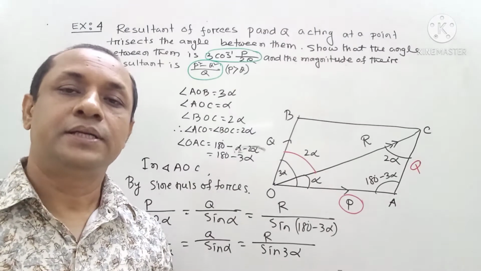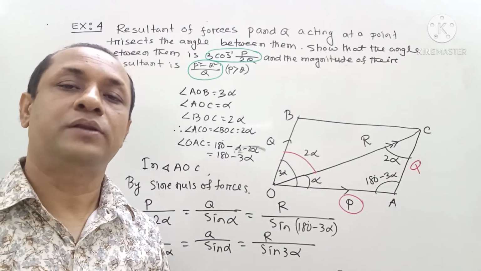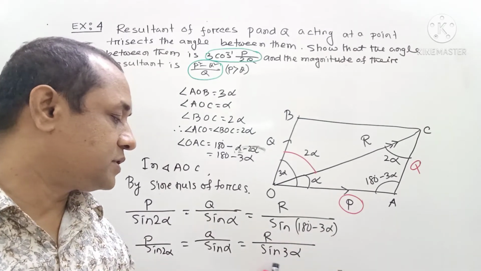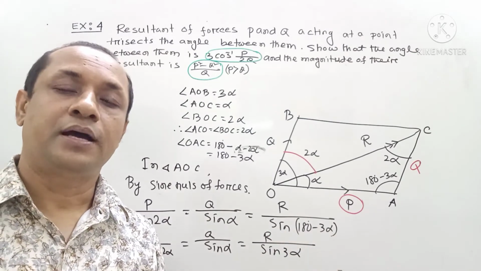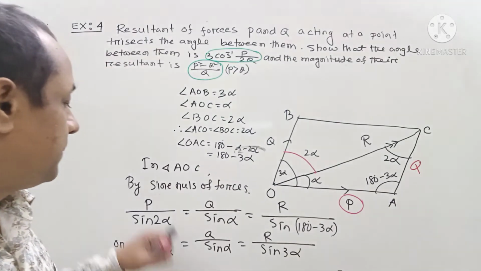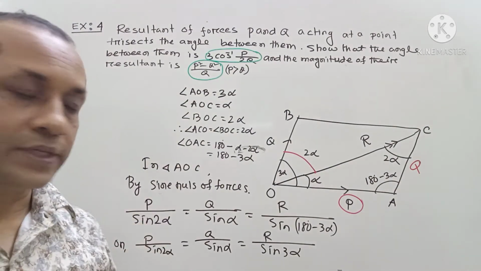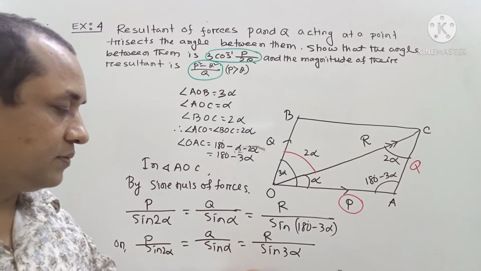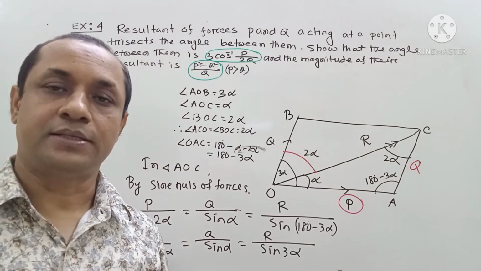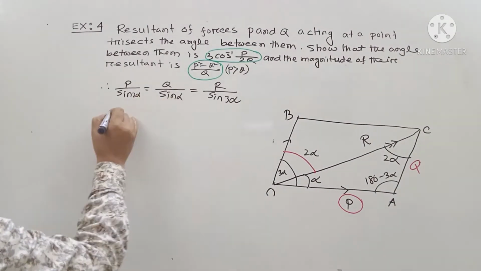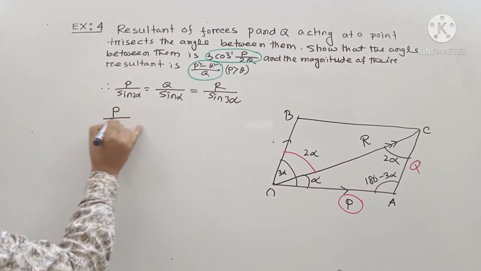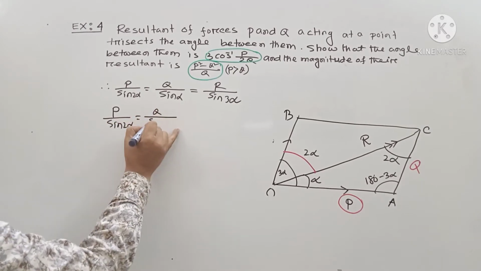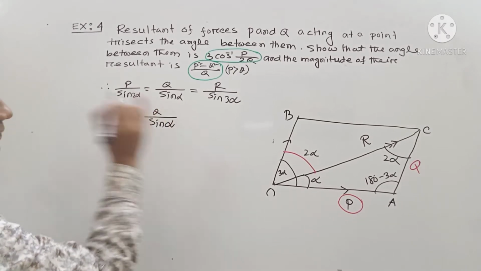And in the second quadrant sine is always positive. So sine of 180 degrees minus 3 alpha equals sine 3 alpha. Here we can write P by sine 2 alpha equals Q by sine alpha.